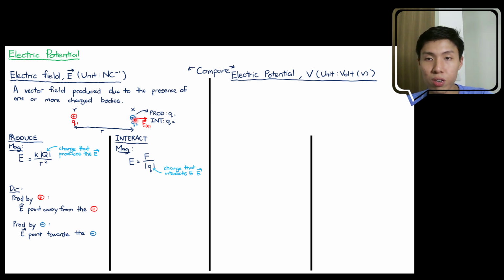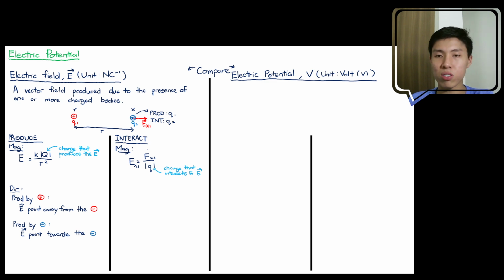So the force experienced by Q2, if we use the convention on what by what, will be on 2 by 1. This is the force experienced on charge 2 and exerted by charge 1. The electric field over here is the electric field at X and it's produced by charge 1.